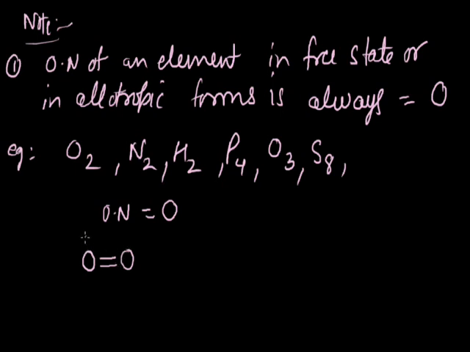So we can say that the oxidation number of this oxygen is 0, and also for this one it is equal to 0. In all of these cases the same atom is present in every molecule, or we can say that all of them are homoatomic molecules. So for homoatomic molecules, the oxidation number of any atom is always equal to 0.